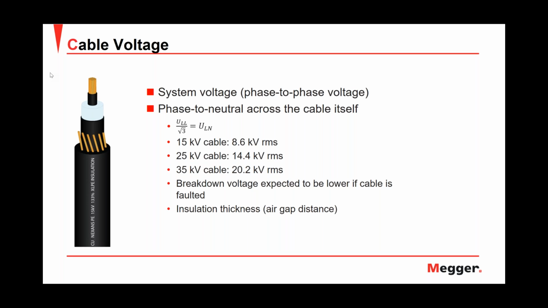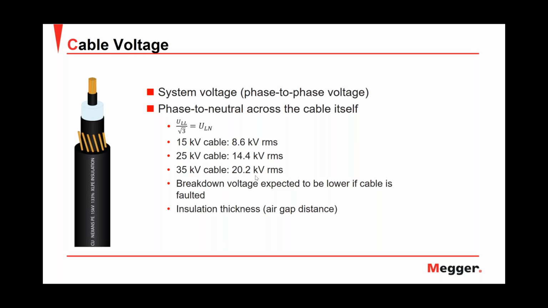So for a 15 kV cable, the phase to ground voltage will be 8.6 kV RMS. For a 25 kV cable, it will be 14.4 kV RMS, and for a 35 kV cable, that voltage will be 20.2.